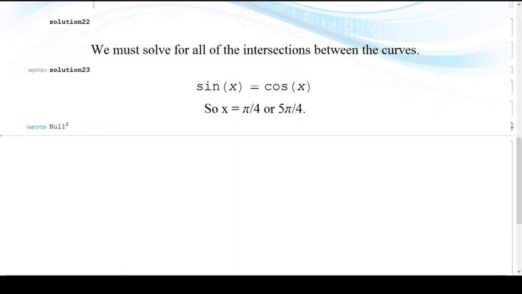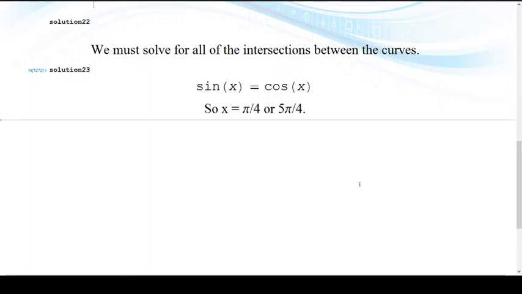So now we take this pi over 4 and 5 pi over 4, and we break up our integral into 3 regions, and they are as follows.